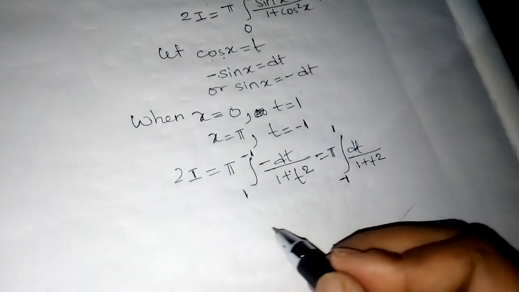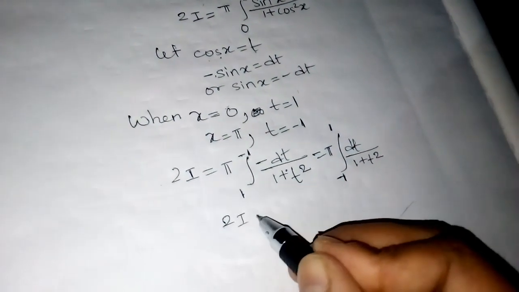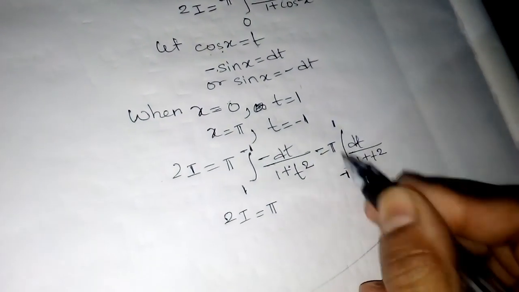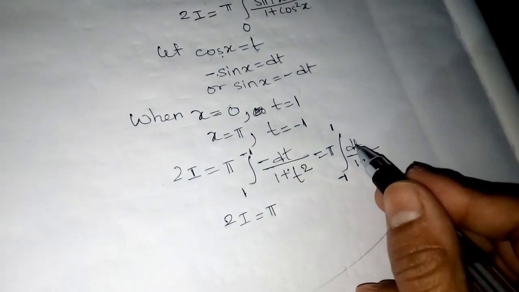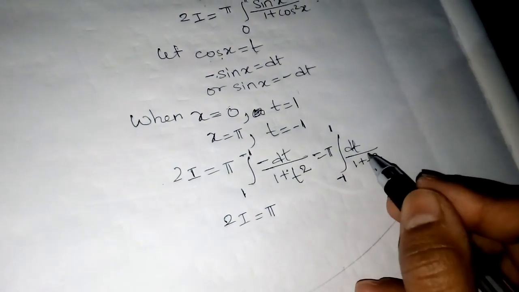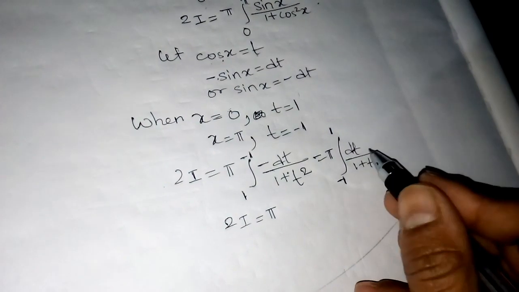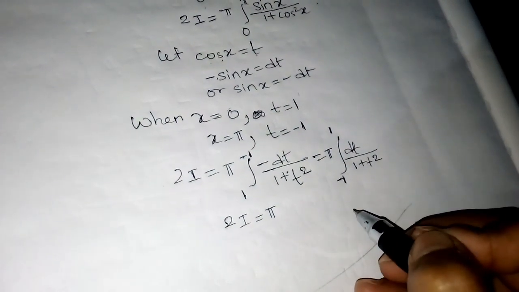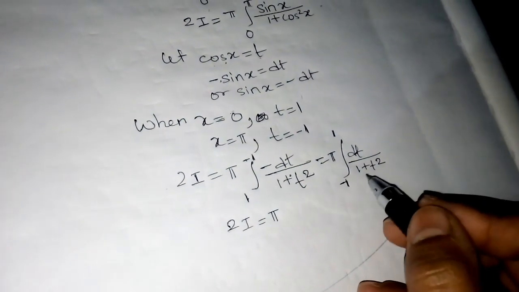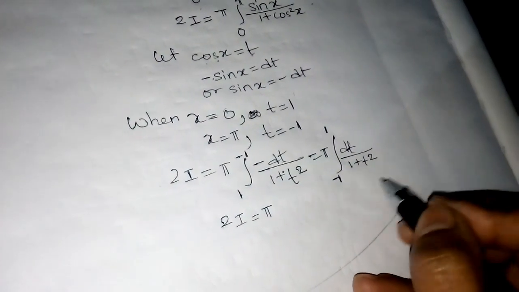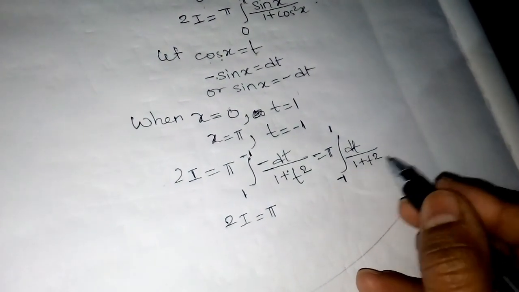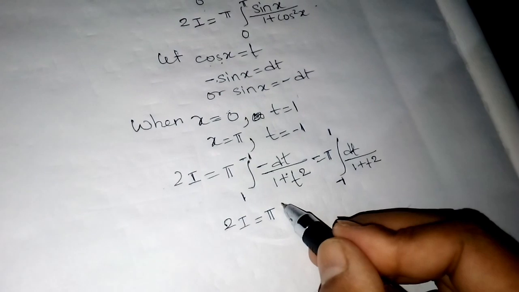Now we have 2I equals pi times the integration of dt upon 1 plus t square. We have already studied that the integration of 1 upon 1 plus x square is tan inverse x, so dt upon 1 plus t square becomes tan inverse t.